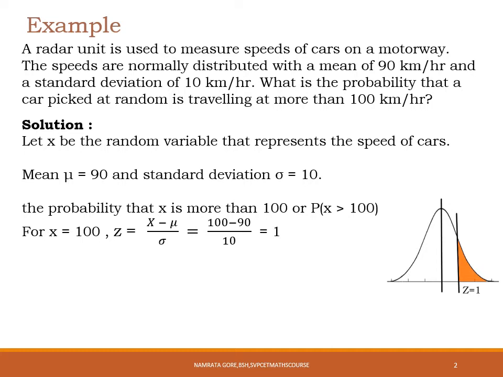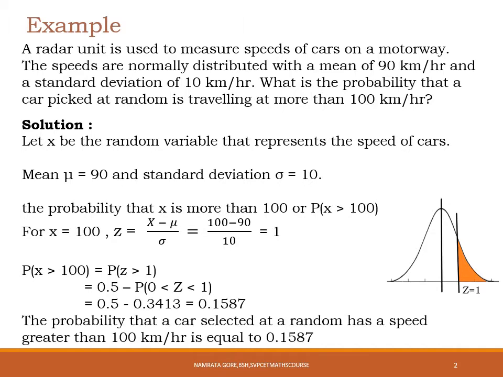So for calculating probability of z greater than 1, we have the right hand side probability as 0.5, and we need to get the probability between z equal to 0 and z equal to 1 from the standard distribution table for normal distribution, and it comes out to be 0.5 minus probability between z equal to 0, z equal to 1, and this probability, if you refer to the normal distribution table, you will find it as 0.3413, and your resultant answer is, the probability is 0.1587.